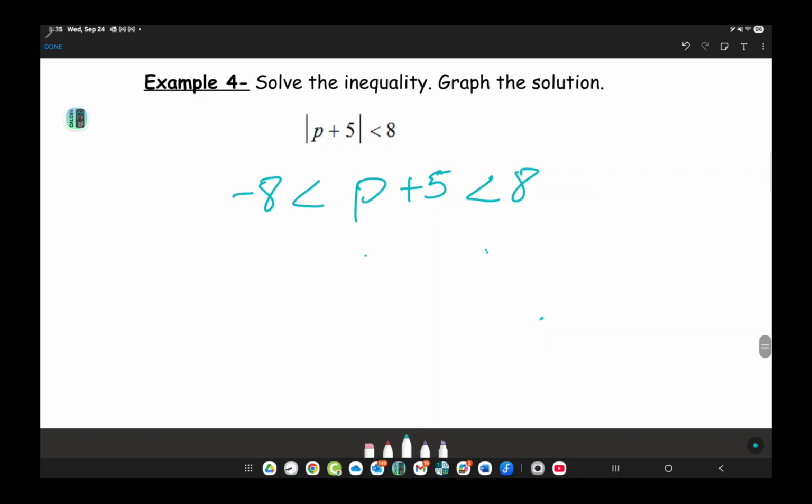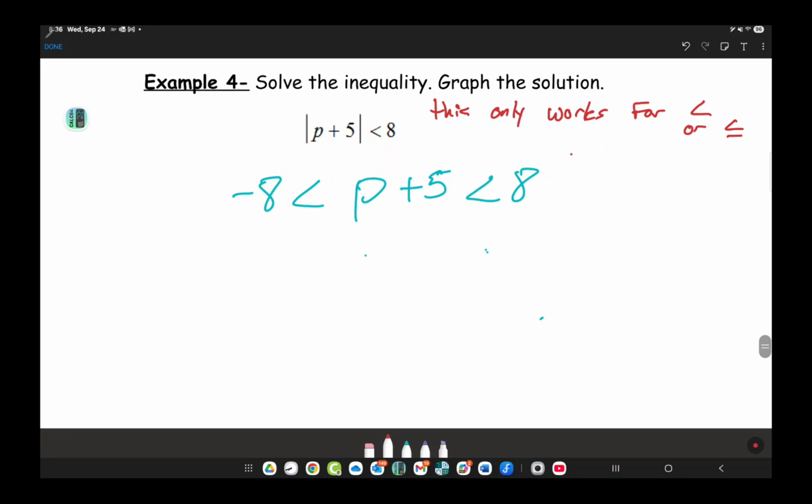Now, the reason we can do that, this only works for less than or less than or equal to. Tomorrow, we're going to do greater than, and for greater than, we're just going to make 2 separate equations. Okay? But if it's less than, we can do this.